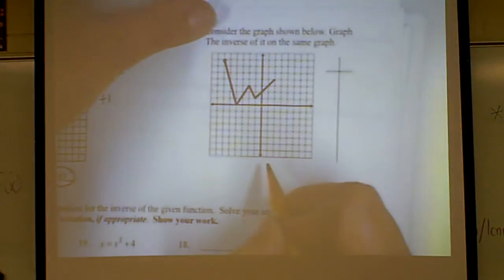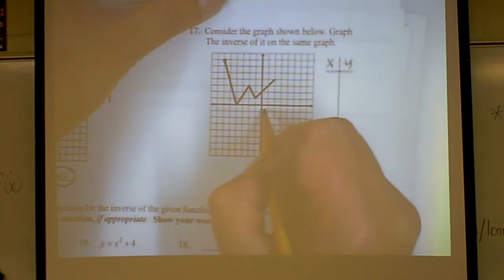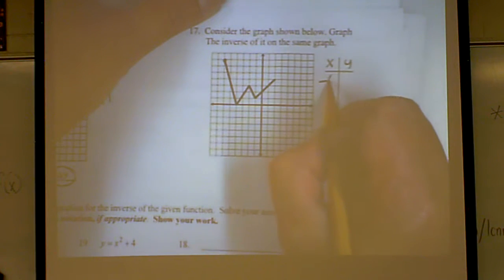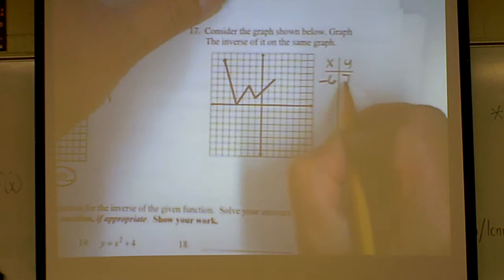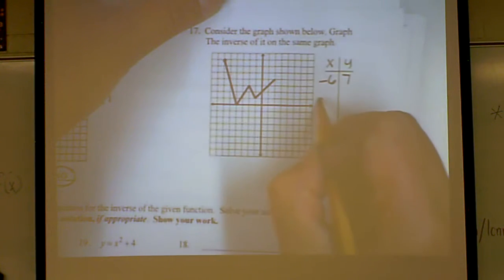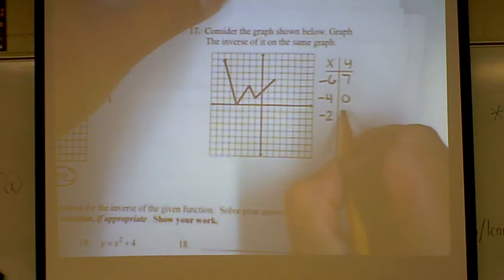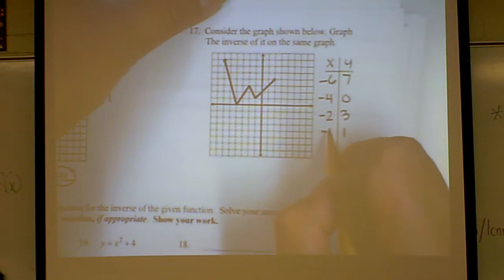How do you graph an inverse? To take a graph and graph its inverse, we need the ordered pairs. So this ordered pair would be negative 6, 1, and we have negative 4, 0, and we have negative 2, 3, and negative 1, 1, and the last one is 2, 4.